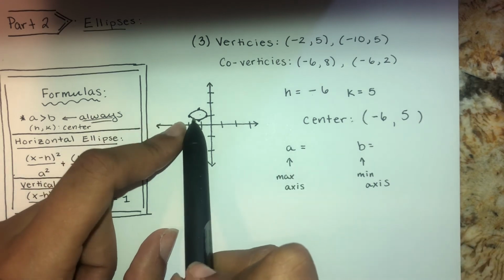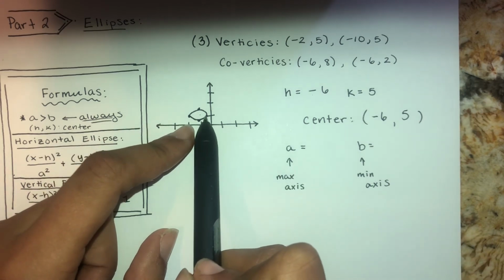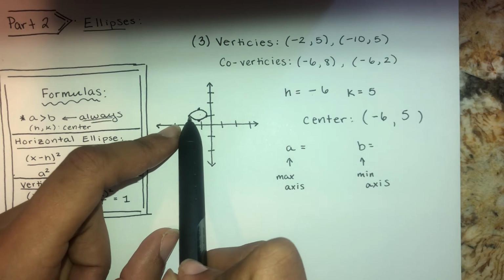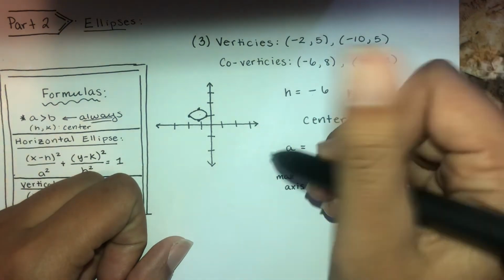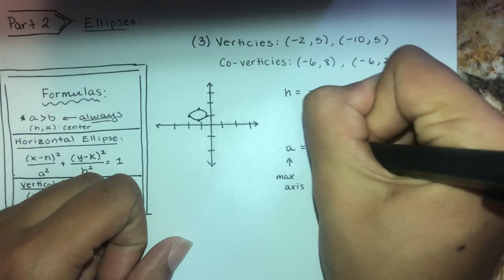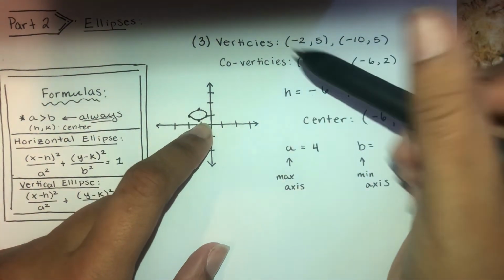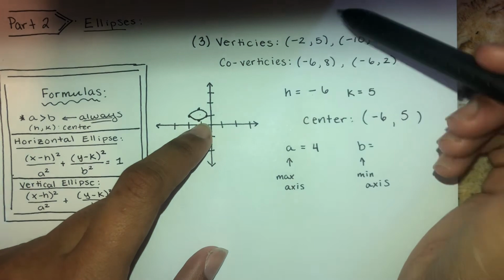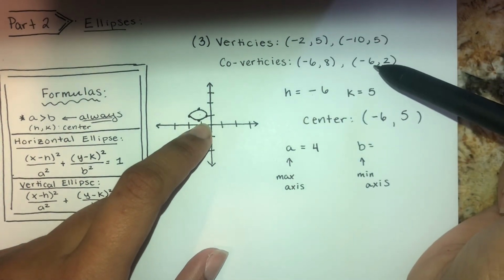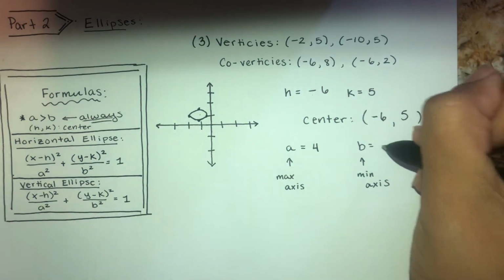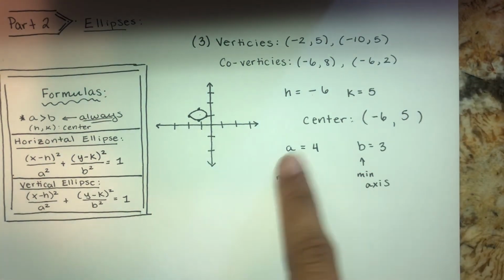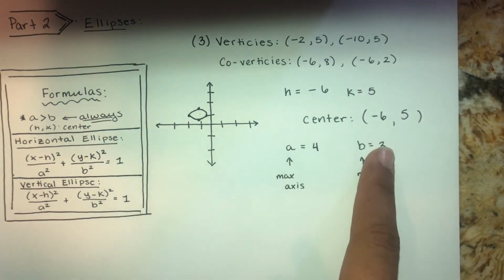So the length of this entire thing starts at -2, ends at -10. It's a total length of 8 divided by 2, that's 4. B, the height of this is from 2 to 8. That's 6 divided by 2, 3. Look back at your notes if you're having trouble finding out what your A and your B are.